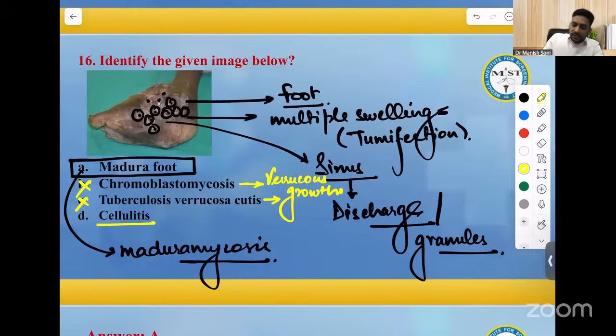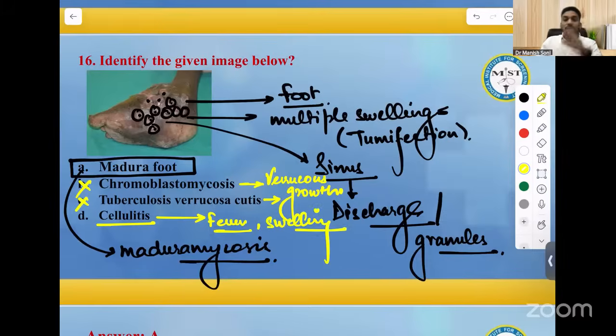And cellulitis is a bacterial condition and a very toxic one. Generally the patient has fever, malaise, systemic features with swelling, but these swellings are not multiple. It is a single large swelling with diffuse borders. All these are missing here. So that's why it is Madura foot.